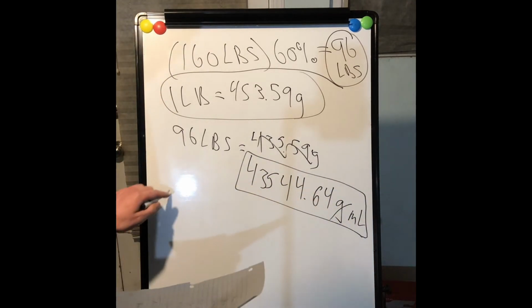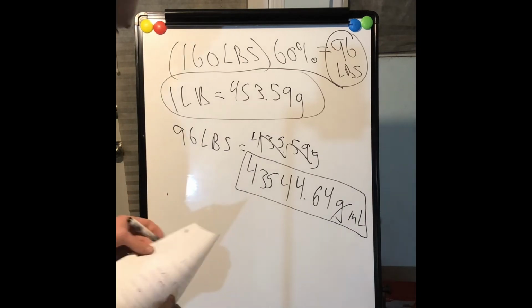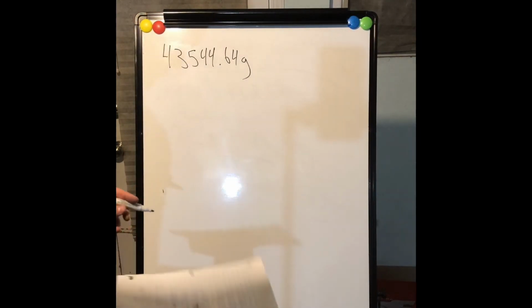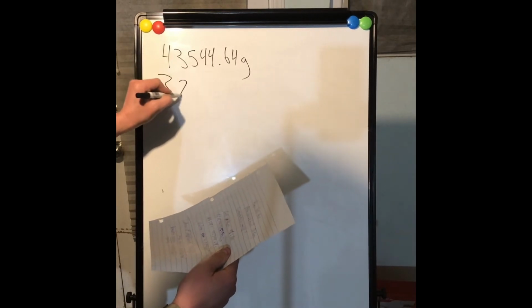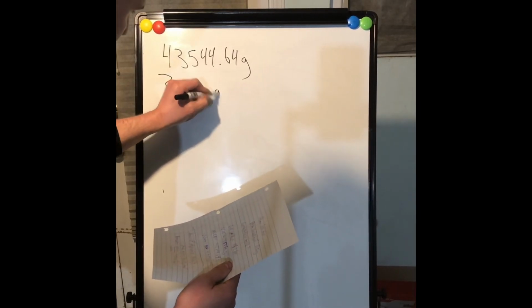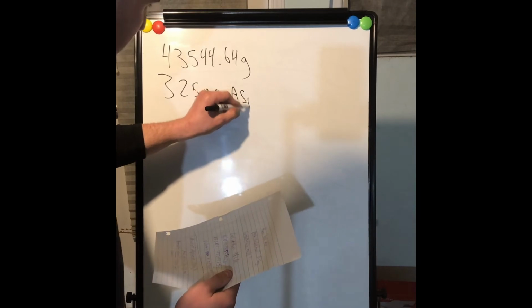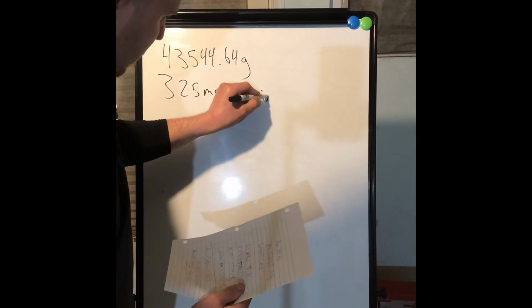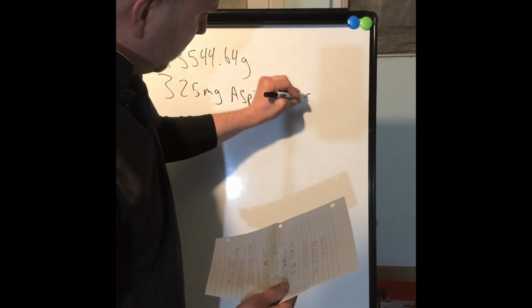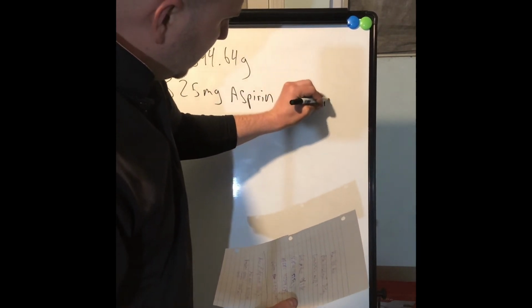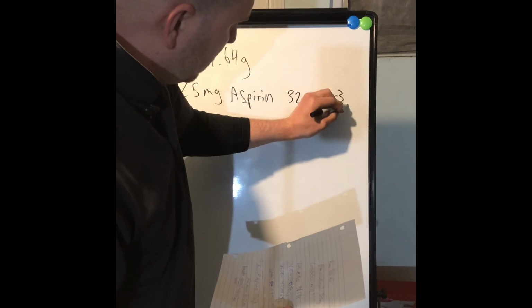And we know the mass of the aspirin. We have 325 milligrams of the aspirin, which is 325 times 10 to the negative 3 grams.